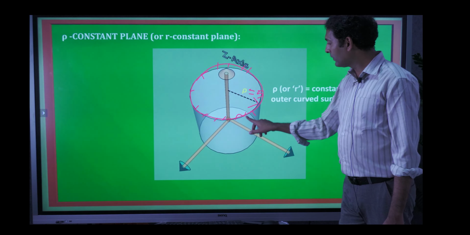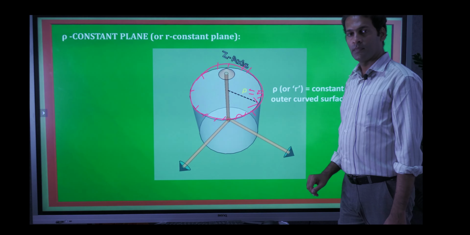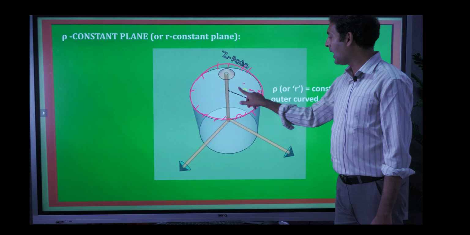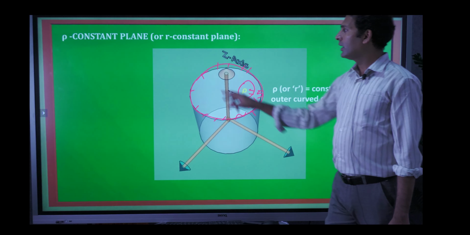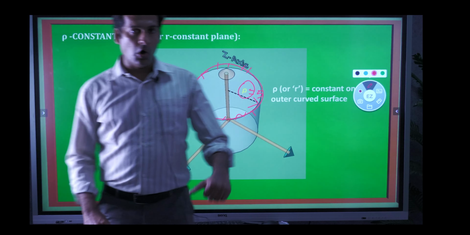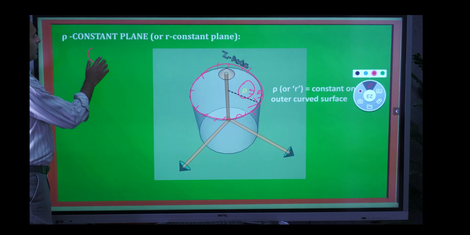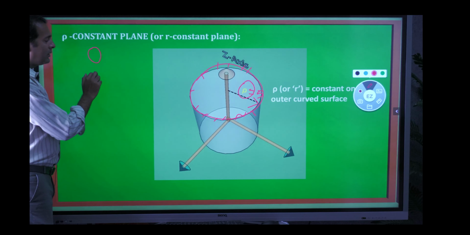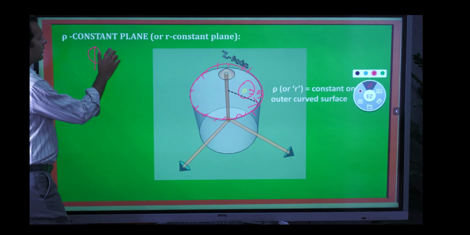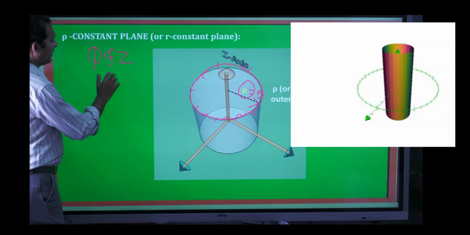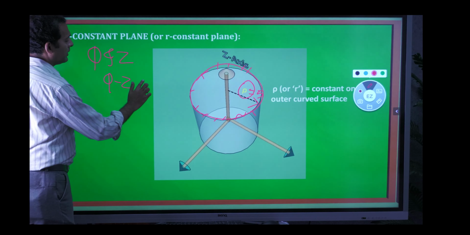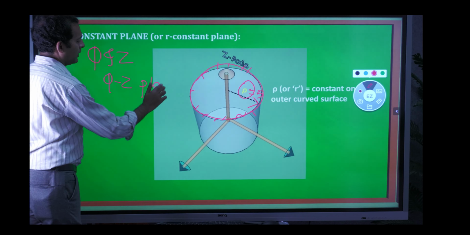Also there is a different value of z. But what is constant? r is constant. So it is called the r constant plane, or another name for that is, what are the other two parameters? Phi and z. So it will be the phi z plane.